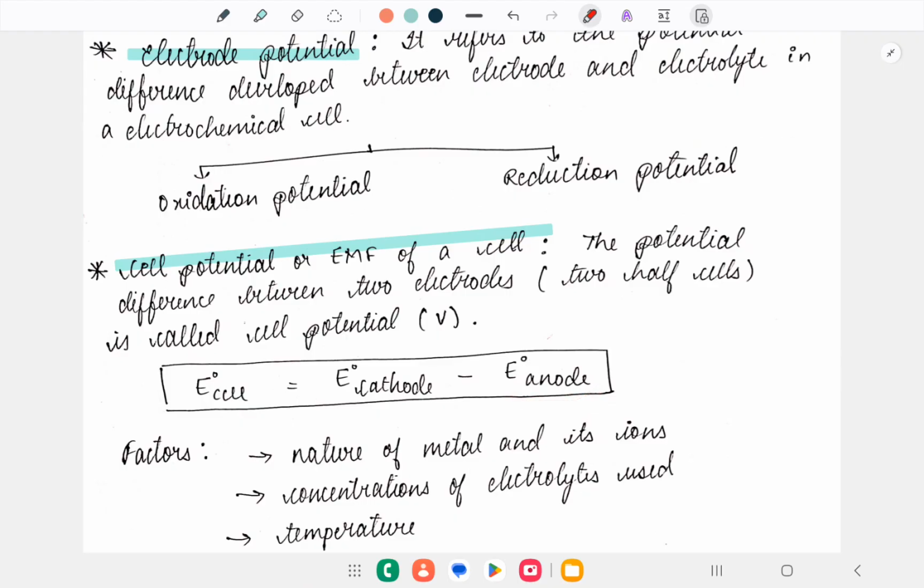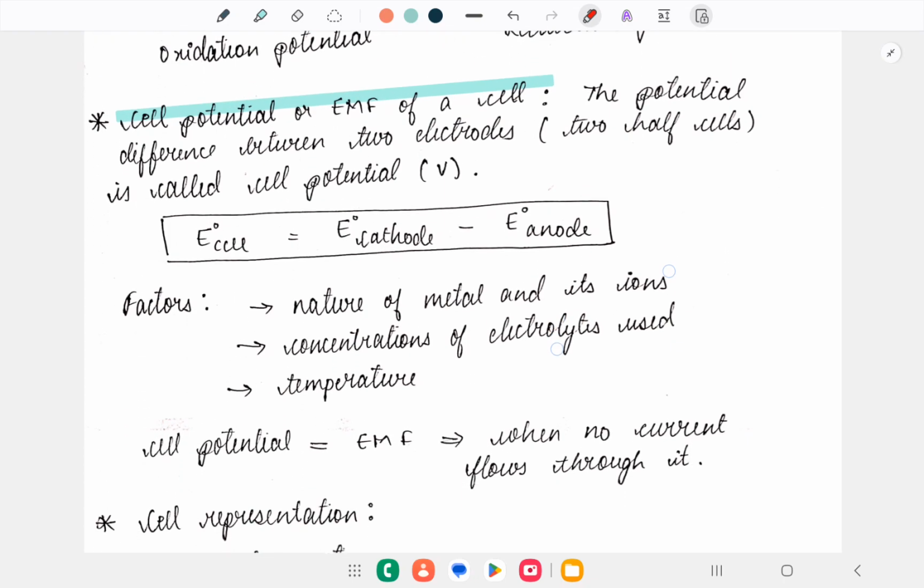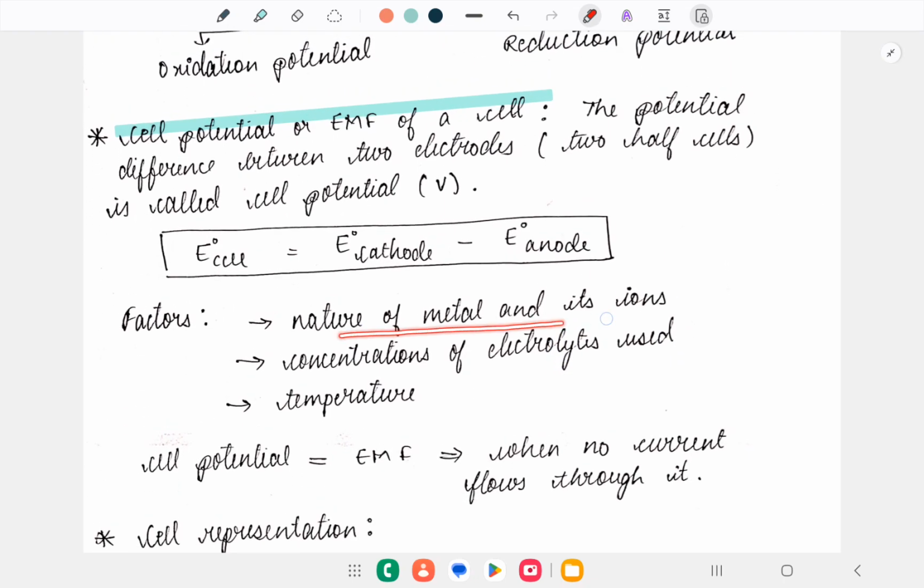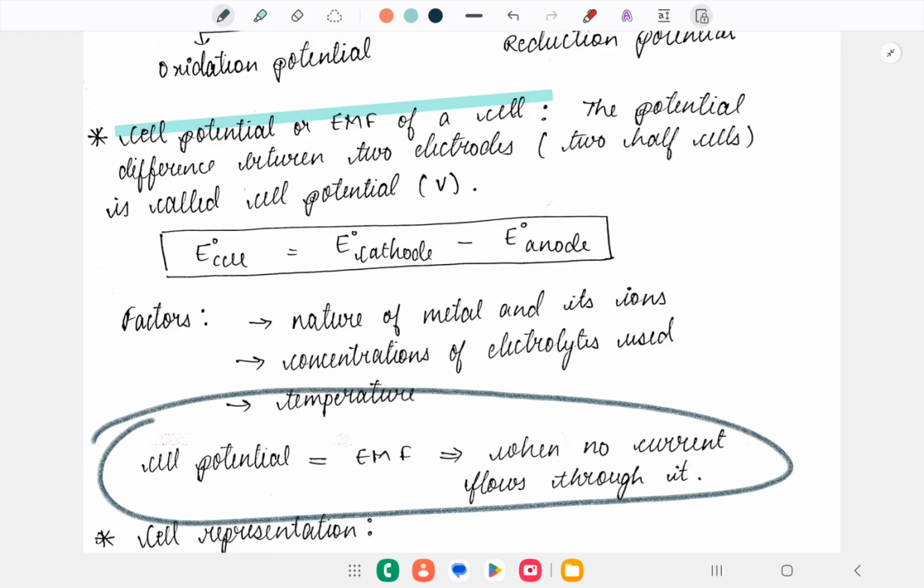So it is the difference between the standard reduction potentials, that is the standard reduction potential of the cathode and the standard reduction potential of the anode. It depends on the following factors: nature of the metal and its ions, concentration of electrolytes used, and the heat which is provided. Now cell potential is the same as electromotive force, that is EMF, when no current flows through it. This is a very important point to note.